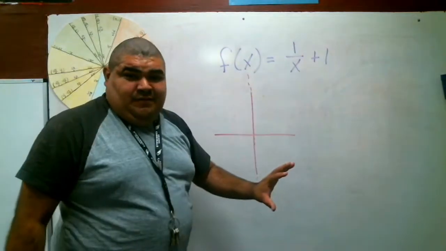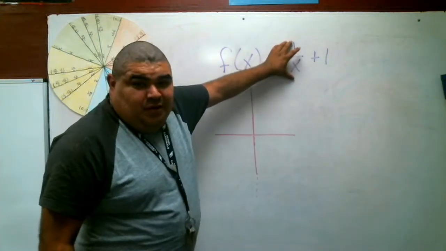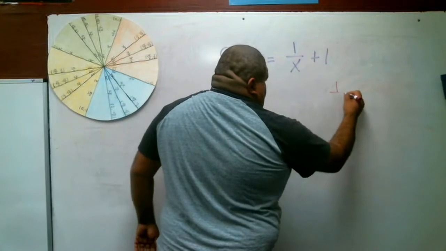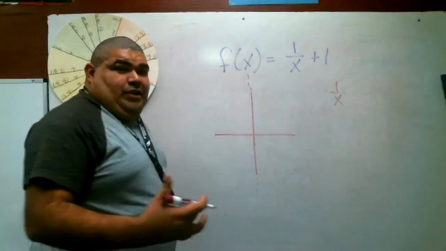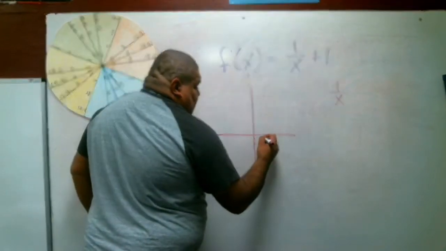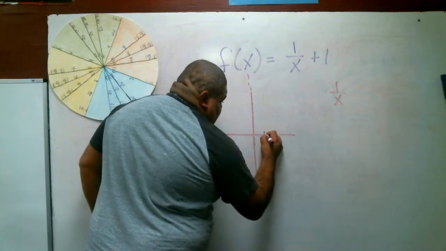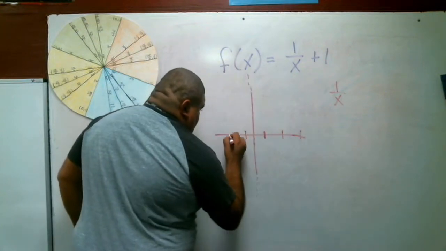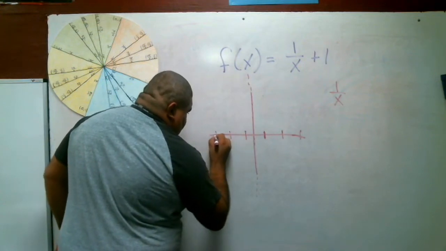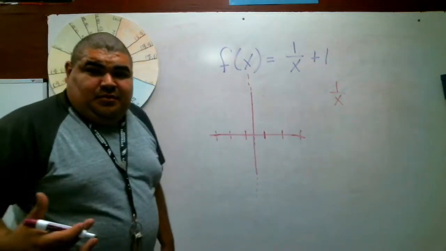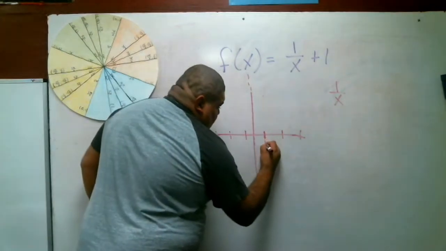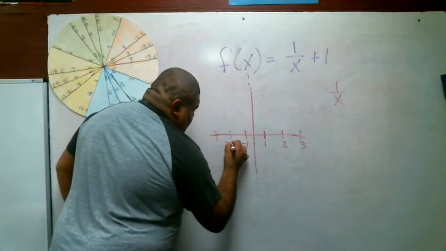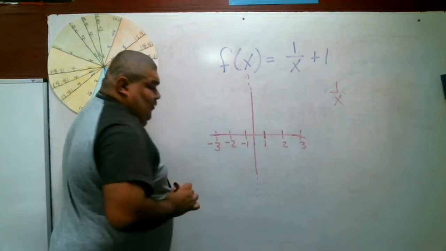Now, for this graph we only need this first part for the parent, meaning we have 1 over x. Notice that we have numbers on our x-axis: 1, 2, 3, -1, -2, -3.